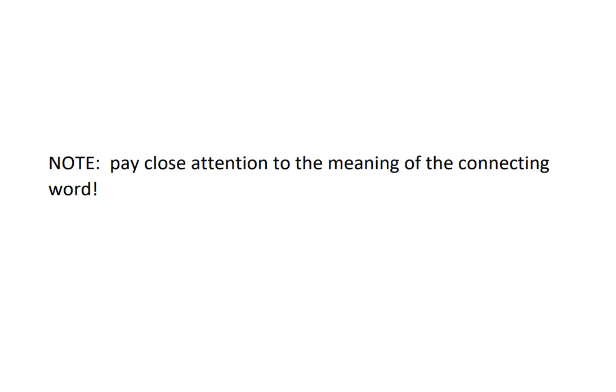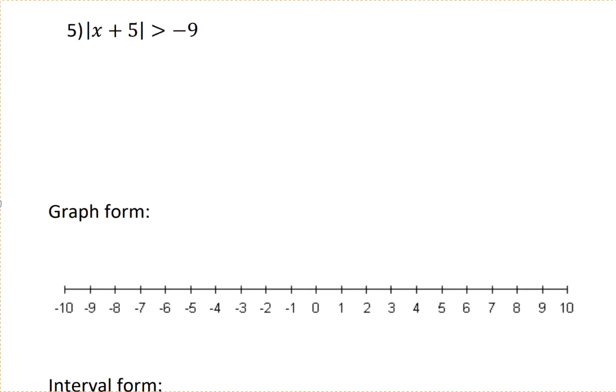All right, here's a little warning. Make sure that you pay attention to the meaning of the connecting word. So in this inequality, we have that the absolute value of x plus 5 is greater than negative 9. Okay, so if we think about that statement, remember we said that an absolute value cannot equal a negative number.